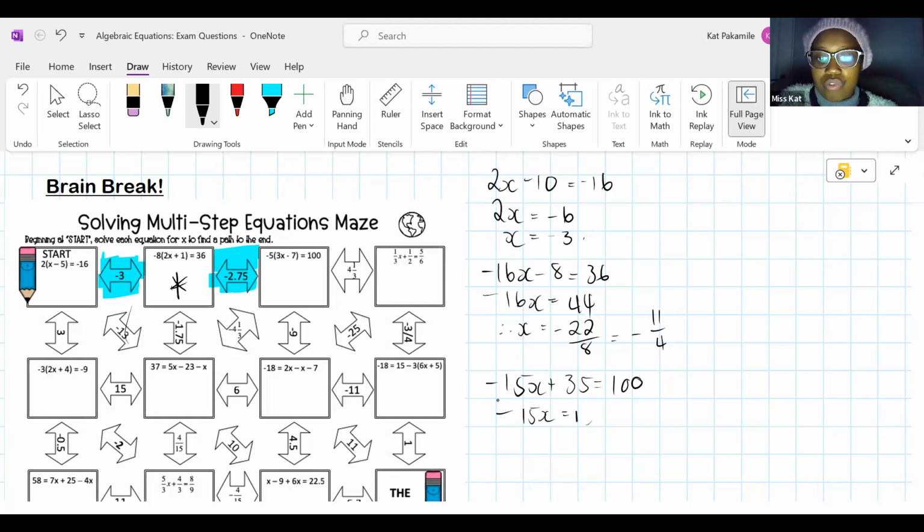When you divide this by negative 15, then it will be what? What's 65 divided by 15? Yes, there we go, which is the same as negative 13 over 3.